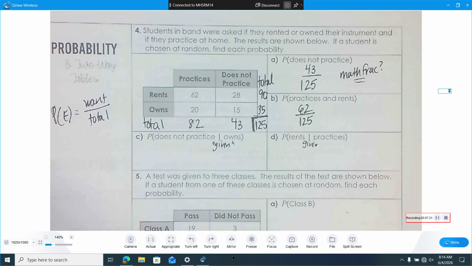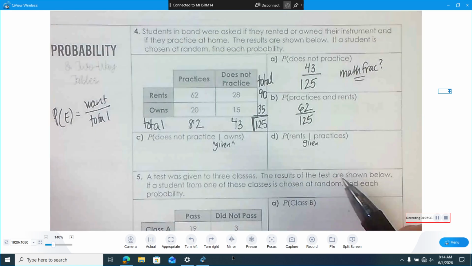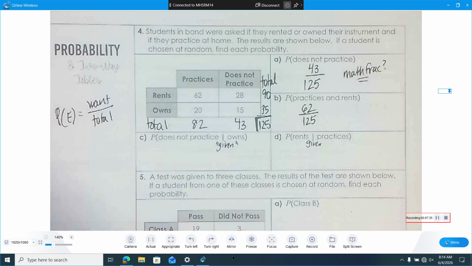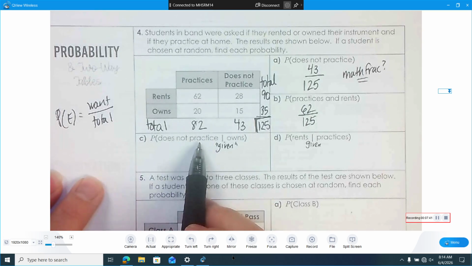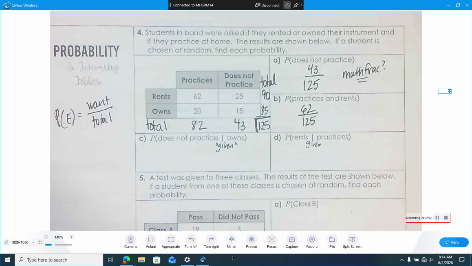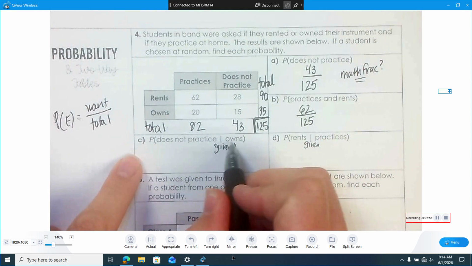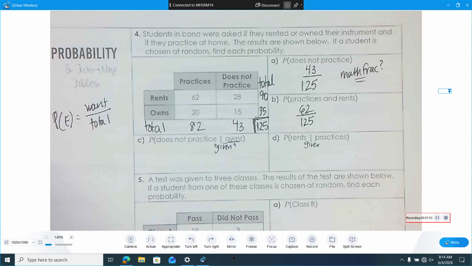This is what is called conditional probability. All that it says is we want to know the probability that a student does not practice given that we already know they own an instrument. That's what this is saying. So, given that we know the student already owns an instrument, how many students already own an instrument?